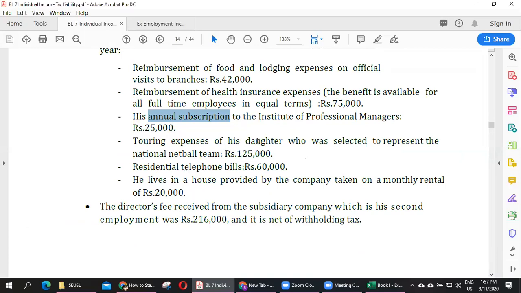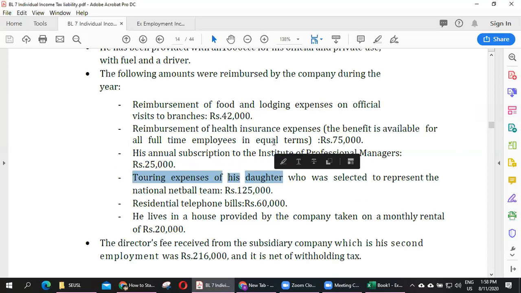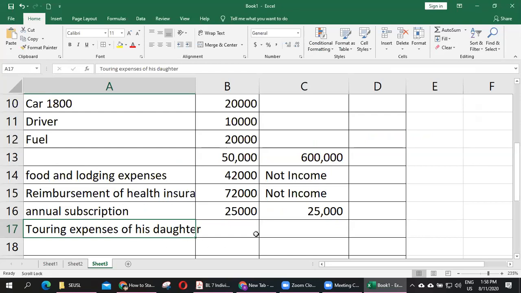She has taken this prize because her father is an employee, right? Touring expenses, so income. How much? 125,000.